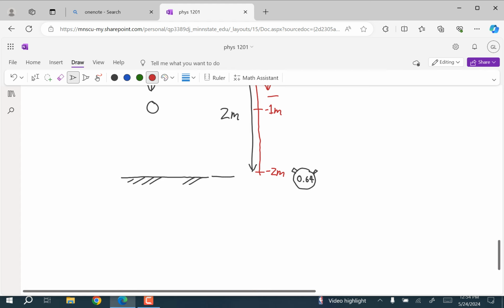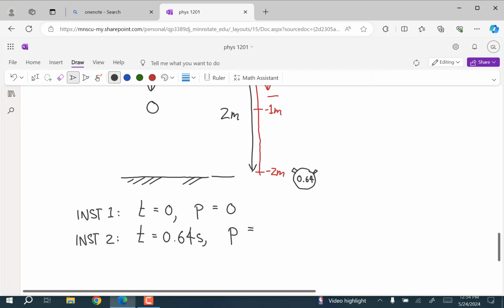And so we have our two instants. Our instant 1 is when time is equal to 0 and the position is equal to 0. And our instant 2, when it hits the ground, the stopwatch is going to say 0.64 seconds, and the position is going to say negative 2 meters.